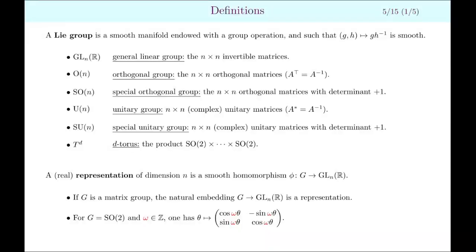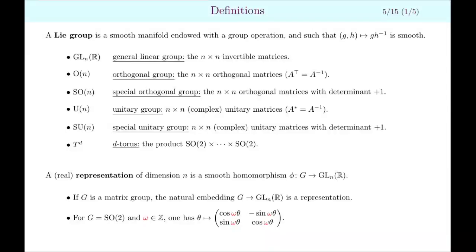We have a few basic examples here: the general linear group, the space of invertible matrices, the orthogonal group, the special orthogonal group, the special orthogonal matrices. We'll be talking also about the torus. I see the torus of dimension D as a product of D copies of SO2.